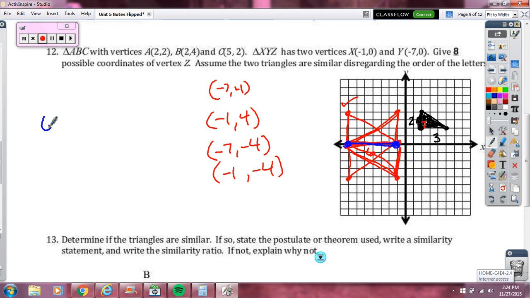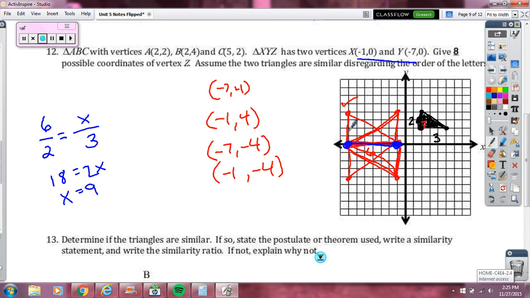So if 6 matches up with 2, then the side that's 3 would have to match up with, let's see, 3 times 6 is 18, 2 times x is 2x, and then divide by 2 on both sides, I would get 9. So the blue is going to stay, that's my 2 points that I know, and then I'm going to need to go up and down 9 spaces from both of those dots.